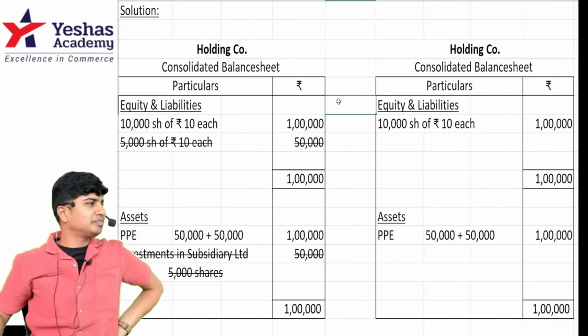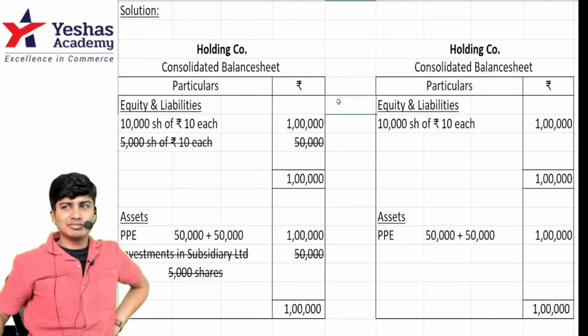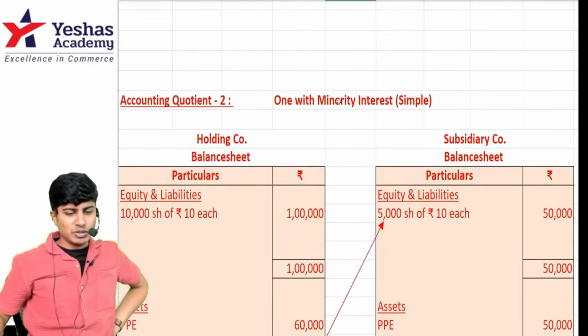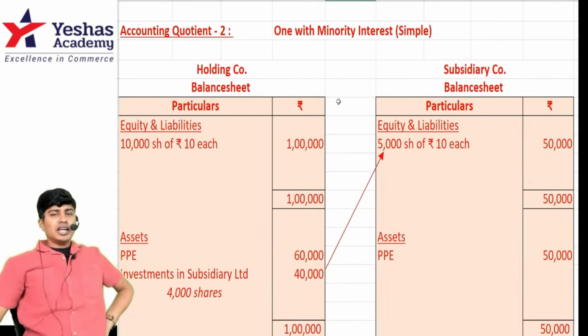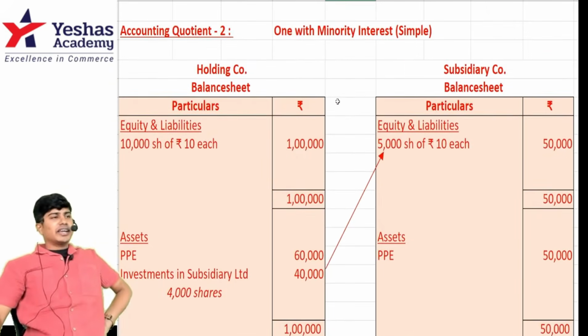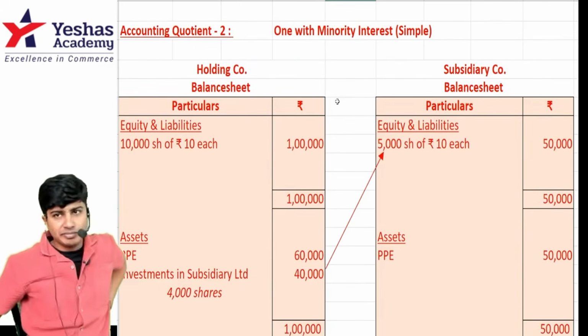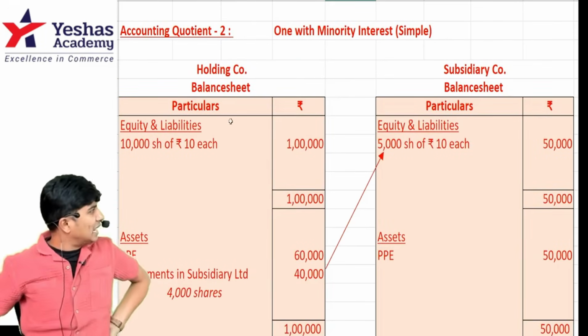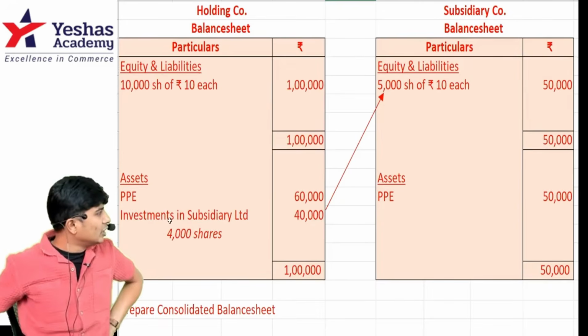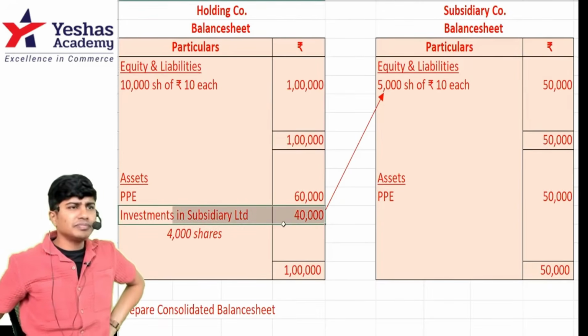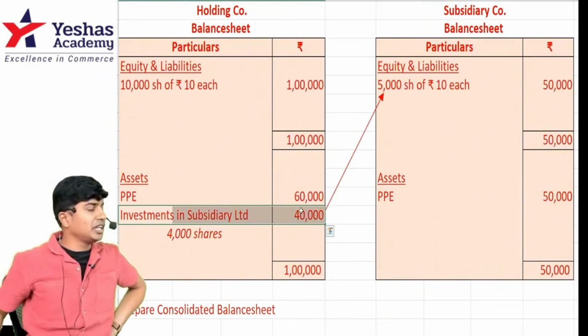Can we go to AQ2? Come on, let's go to AQ2. Can I have your attention? Please, no talking. Have a look at the balance sheet, asset side. Do you see investment in subsidiary? How many shares do you hold?